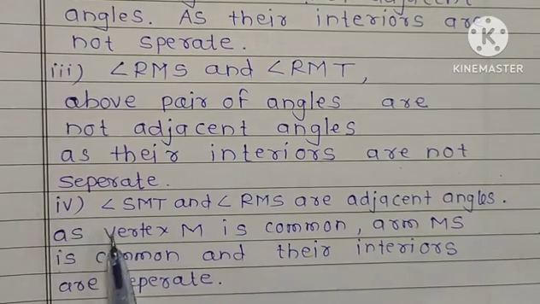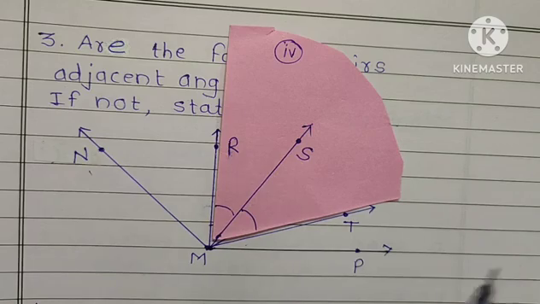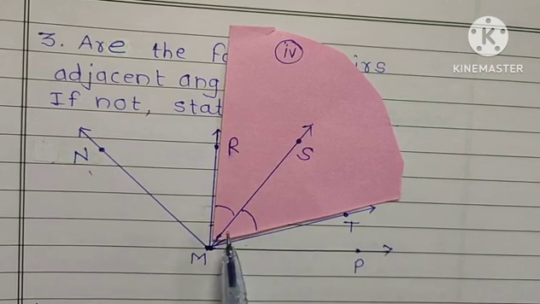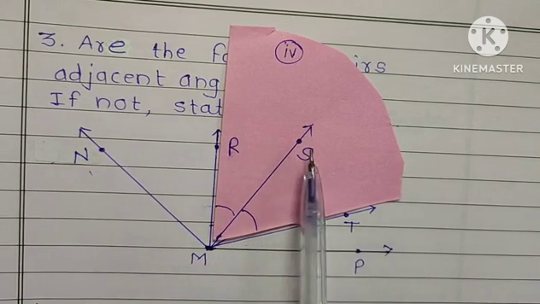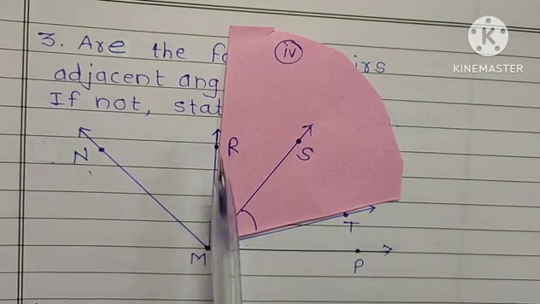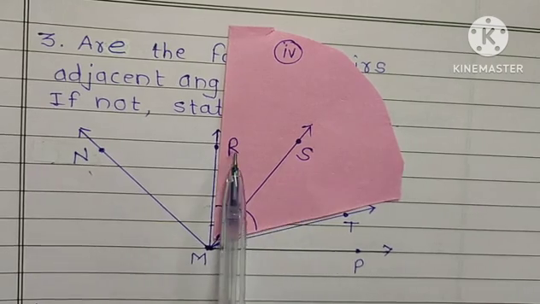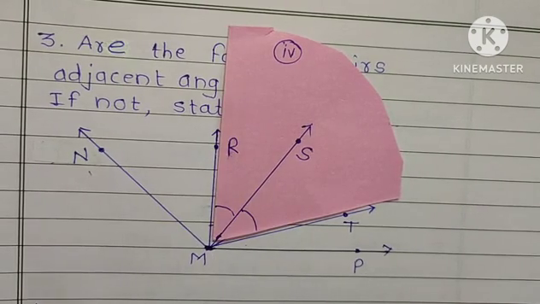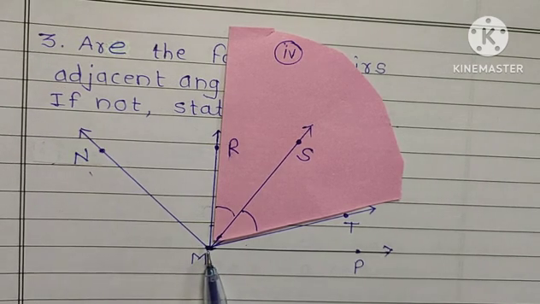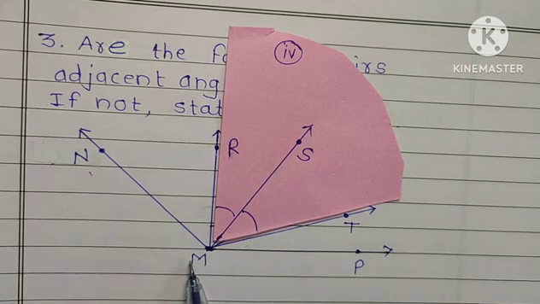Fourth question, angle SMT and angle RMS. Angle SMT, that means this part, is the interior part of angle SMT, and the second angle is RMS, that means this part. So both interiors are separate. So all three conditions of adjacent angles are satisfied. First, vertex M is common. Second, arm MS is common arm.